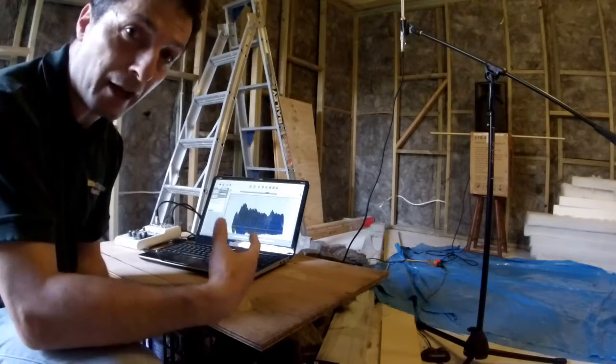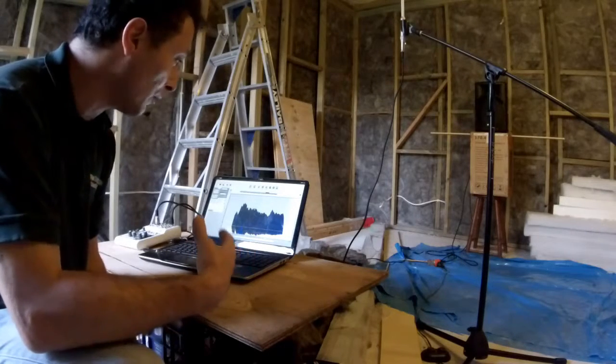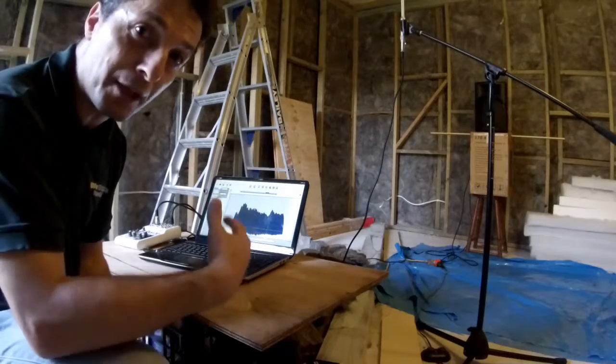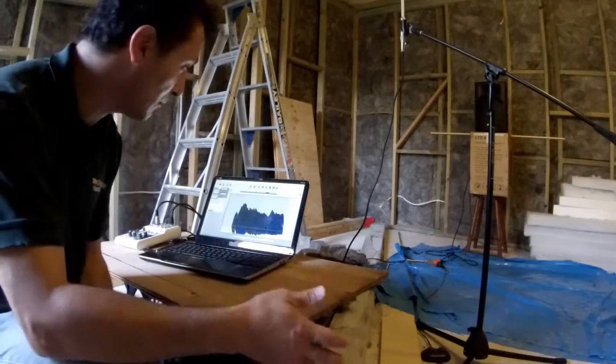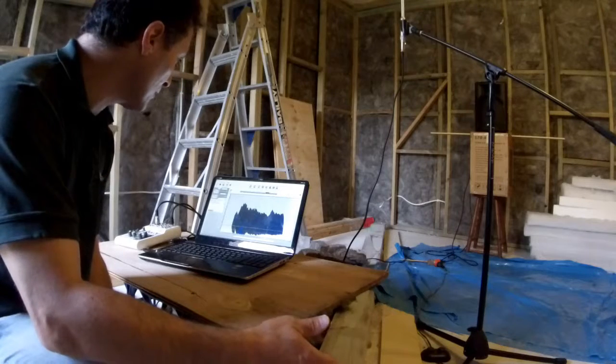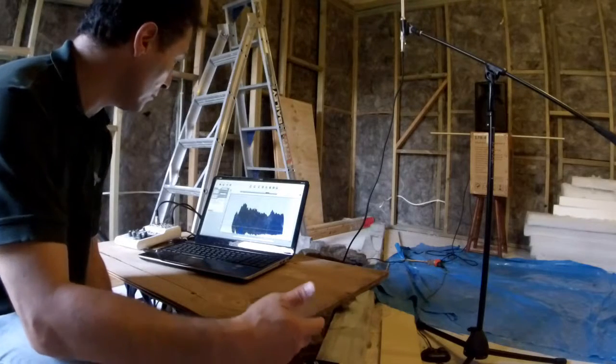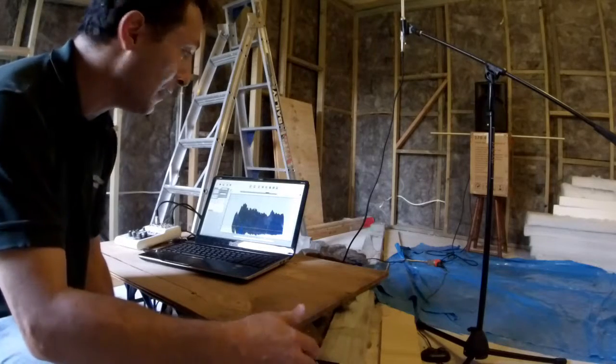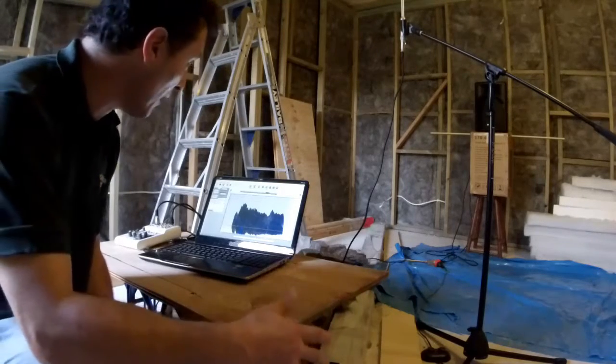It can't go any further than that. So there's a lot of sound still taking its time to decay to the lowest level, which is down to minus 45 dB. And if you look at the graph, you see what I mean.